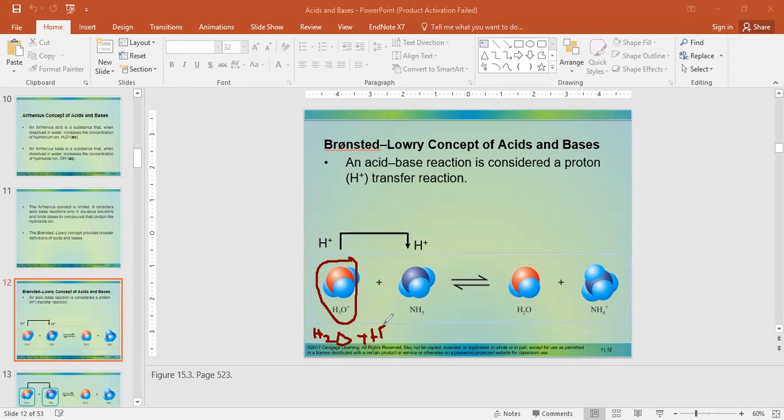What is happening here is that this proton is being lost and transferred to ammonia. So you can see there's a transfer of a proton from the acid all the way to the base, so that we get water, because after the hydronium ion loses its hydrogen ion, or the proton, it forms water. And when the ammonia gains an extra proton, it forms the ammonium ion. So this is an example of an acid-base reaction with regards to the Bronsted-Lowry theory of acids and bases.